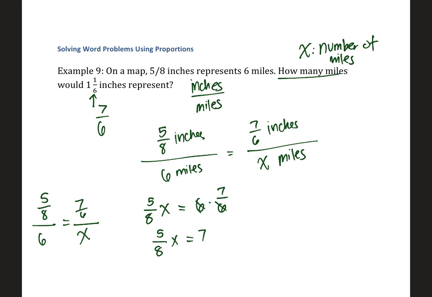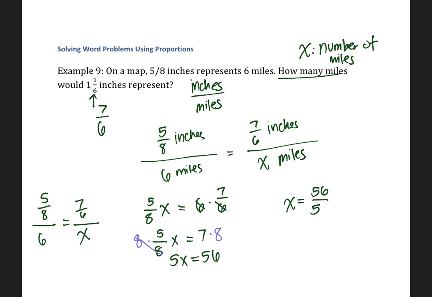For me, I like to get rid of them one by one. So what I'm going to do is multiply by 8 to get rid of my denominator. 5x is equal to 56. Dividing that by 5 now. We have x is equal to 56 over 5.